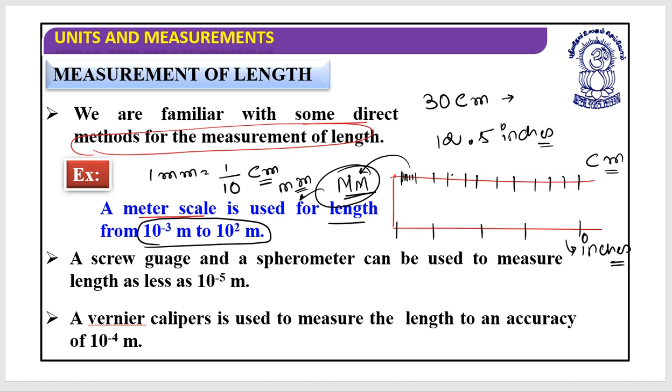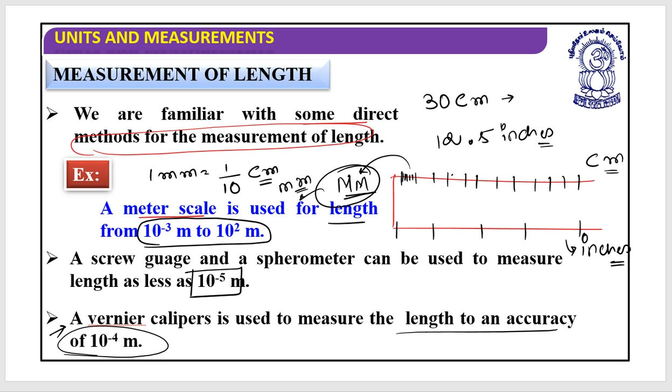If we want to measure something smaller than what the meter scale can measure, we have two options. One option is the vernier calipers, which is used to measure length to an accuracy of 10 to the power minus 4 meter. The other option is the screw gauge or a spherometer, which can measure a length as small as 10 to the power minus 5 meter.